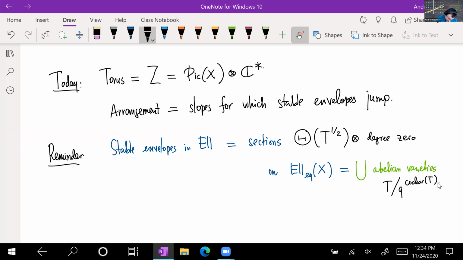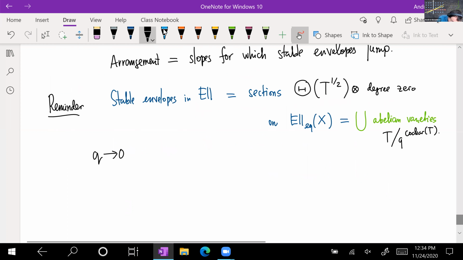Roughly, right? So now if we send Q to 0, what happens with the abelian variety if the modulus goes to 0?